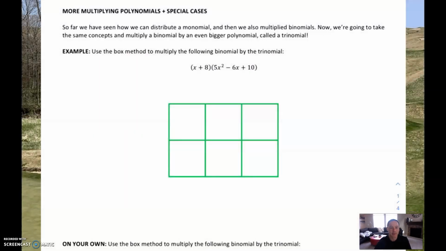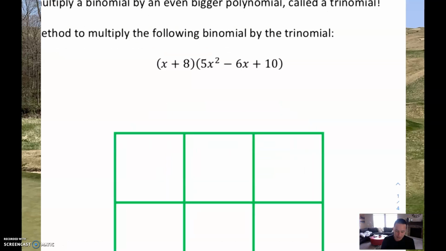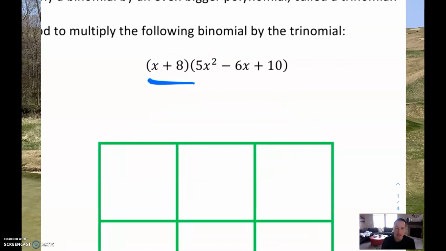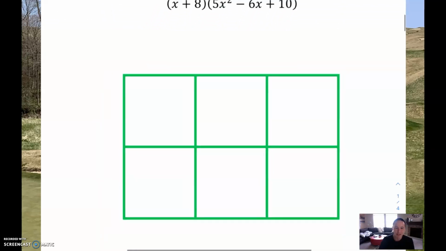So let's get started. For the first one, it says we're going to use the box method, same box method as before, to multiply the following binomial, this x plus 8, that's a binomial because there are 2 terms, by the trinomial. This longer one here is called a trinomial because, as you can see, there are 3 terms. So the difference here is we just make a little bit bigger box.